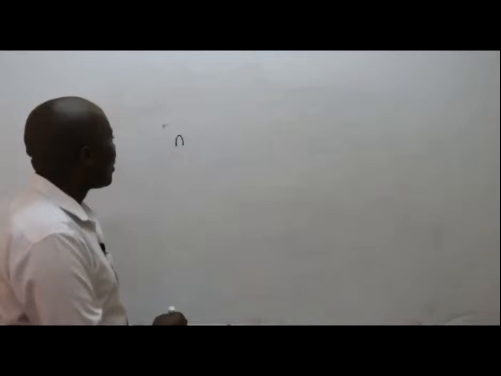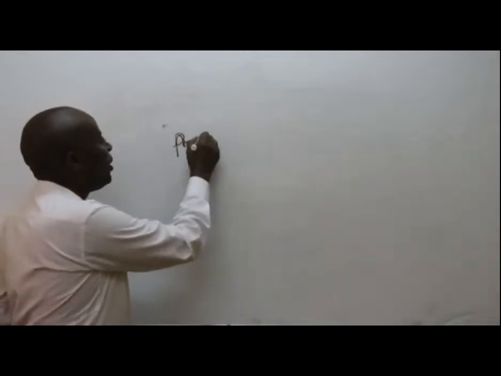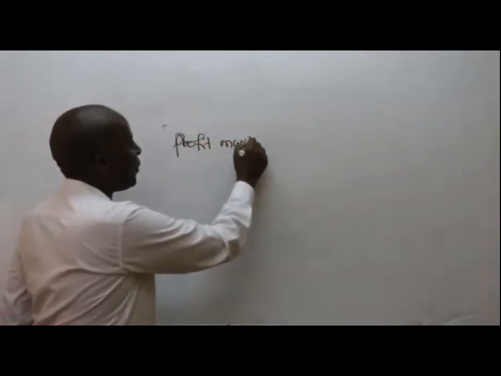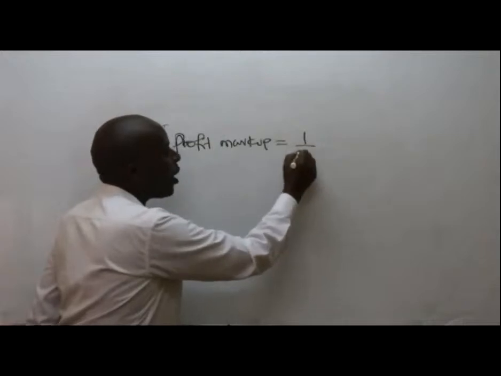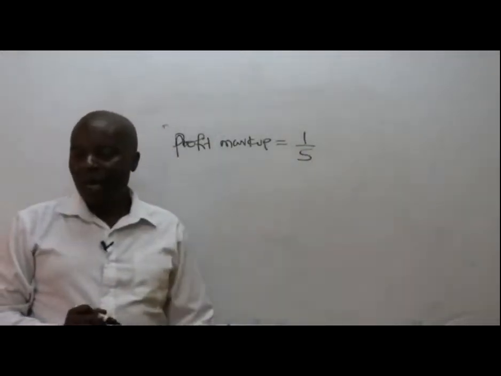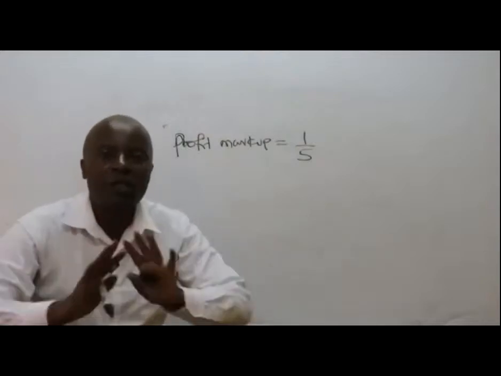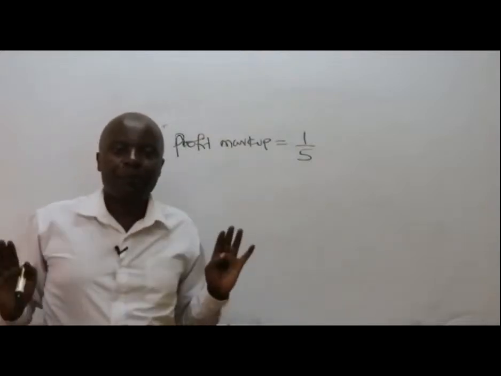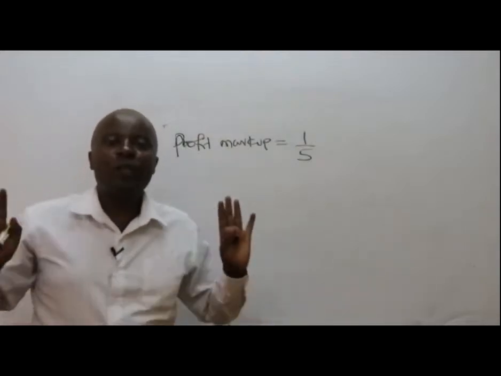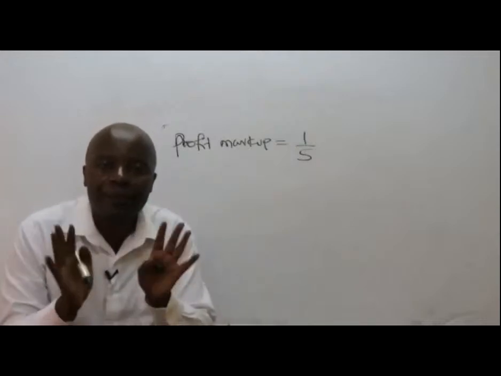Great. So if somebody gives you a profit markup of, say, 1/5, in consolidation we don't use profit markups. In consolidation, I always make use of profit margin to calculate PAPs.